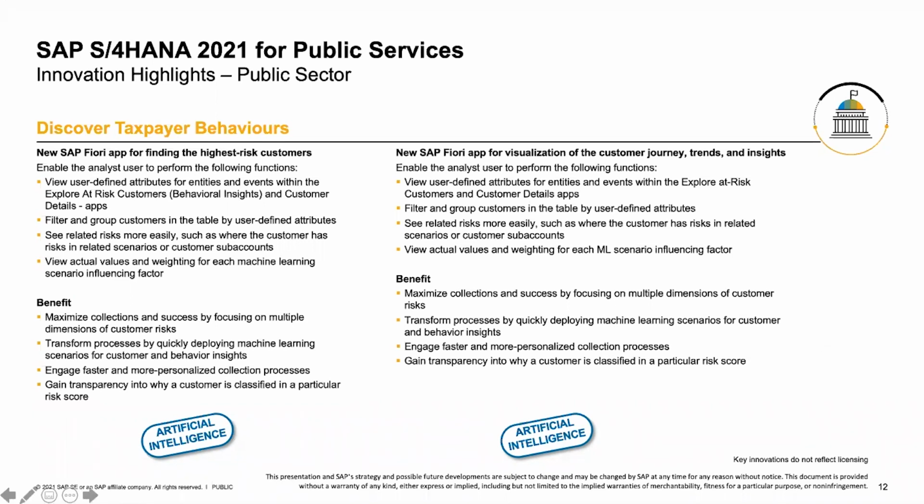For example, you can use the Explore At-Risk Customers app to analyze risk score and trends across multiple scenarios, for example, receivership, late payment, or late filing.